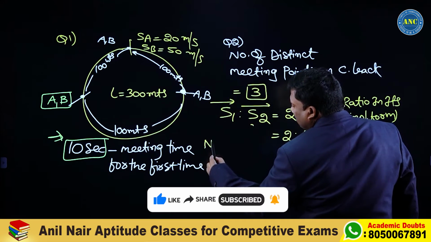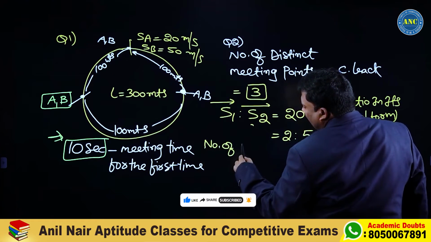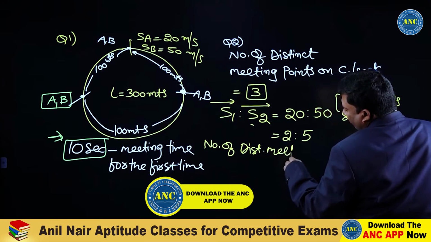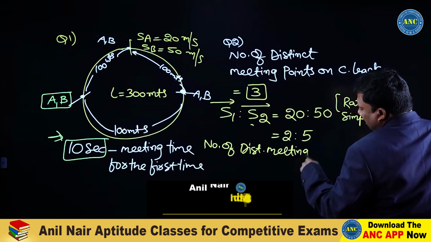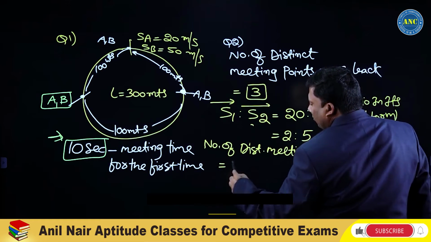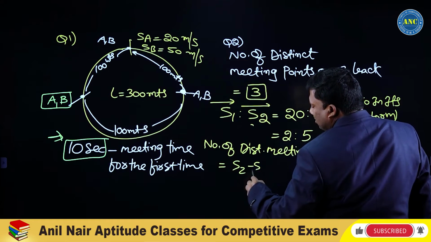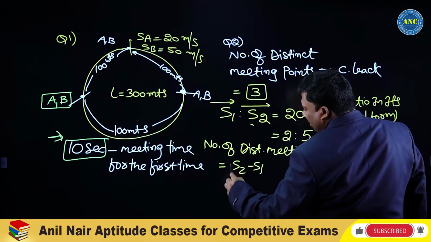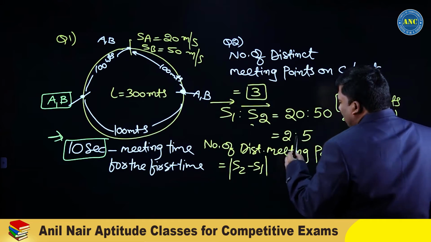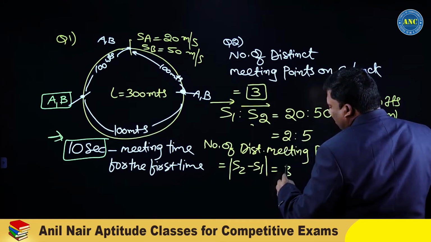Number of distinct meeting points is given by the value S2 minus S1 or S1 minus S2, depending upon greater minus smaller. So 2:5, 5 minus 2 is 3.